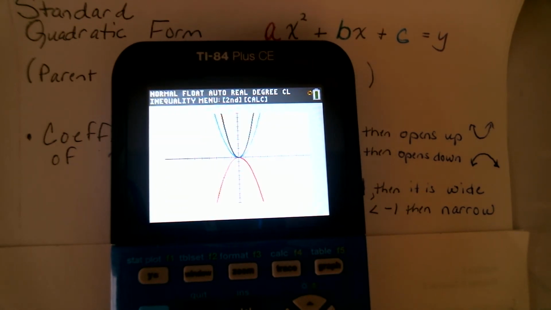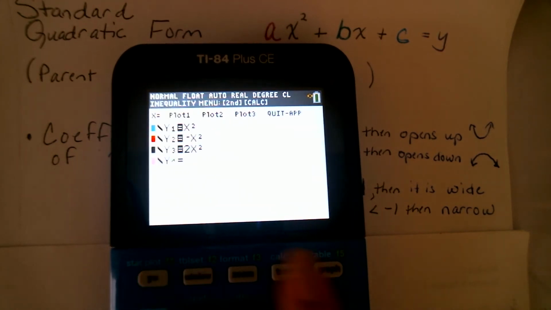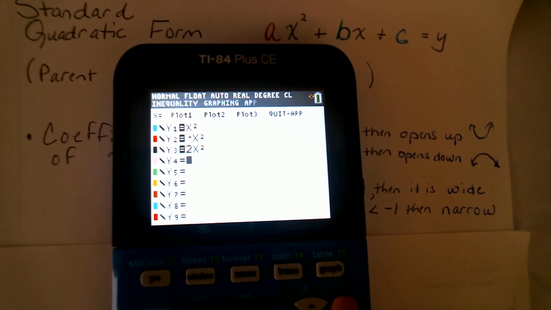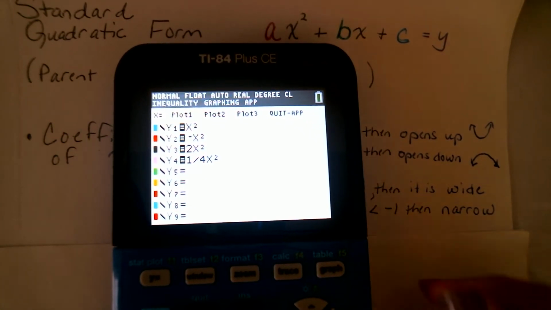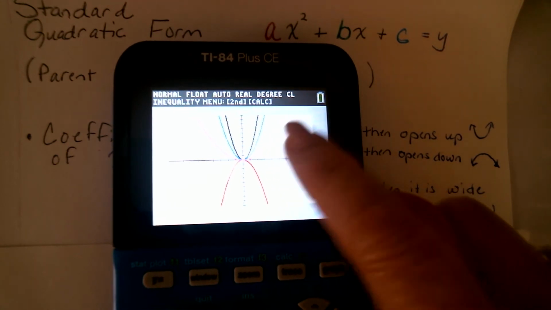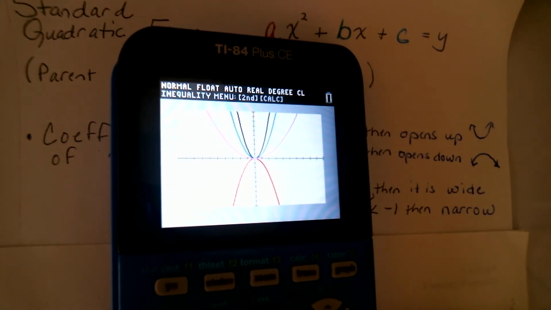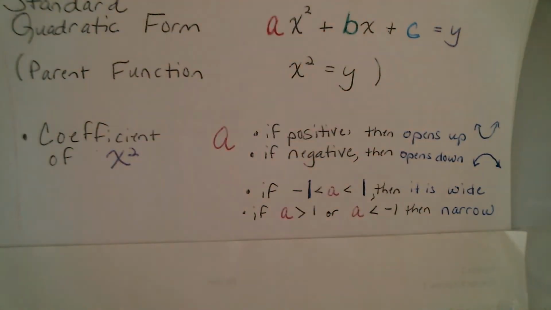Yep, it's within that parent graph. And how about if we did 1/4 x squared, so 1 divided by 4 x squared. A little lighter on our, it's using purple, so it's harder to see. But that one's much wider, right? Okay, so the coefficient of a is going to tell us about its shape and its direction, okay?